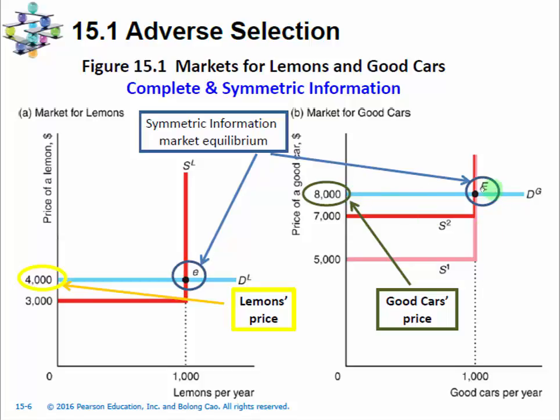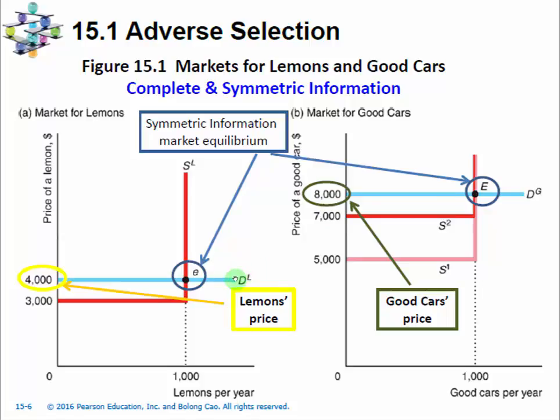Notice that these demand curves, whether for lemons or good used cars, are horizontal, meaning that at $4,000 for a lemon or $8,000 for a good used car, the quantity demanded is infinite.